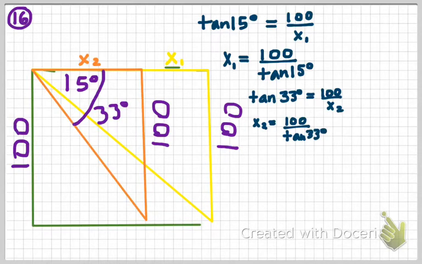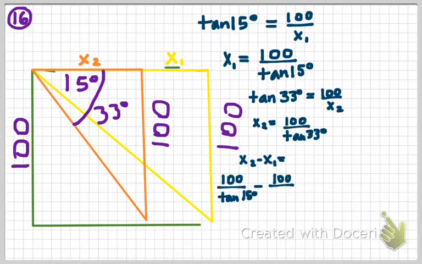So then the distance traveled is going to come from x sub 2 minus x sub 1, which is equal to 100 over the tangent of 15 degrees minus 100 over the tangent of 33 degrees. And then that's the exact form of our answer.